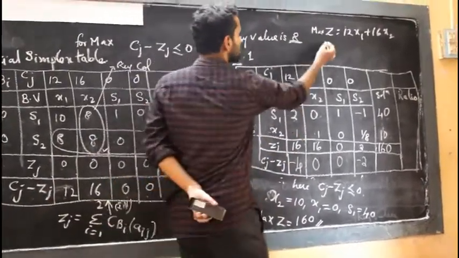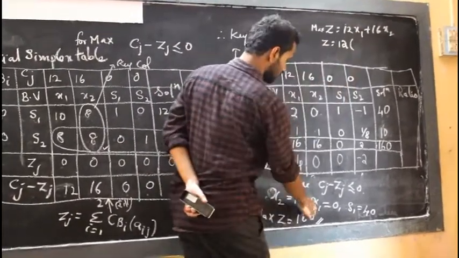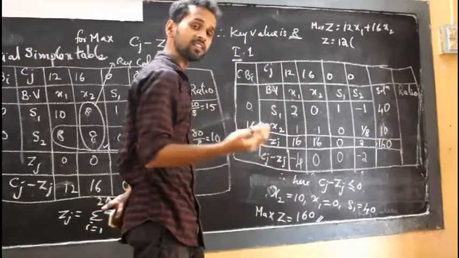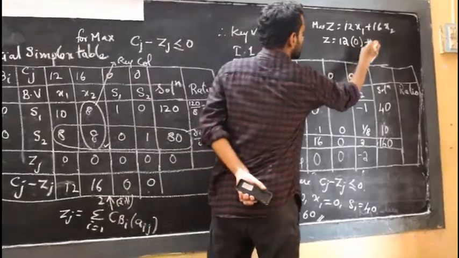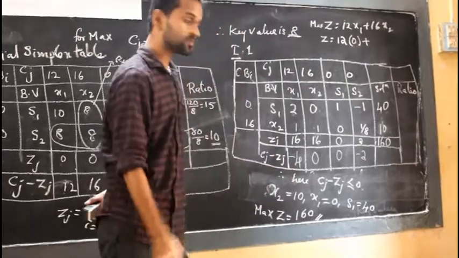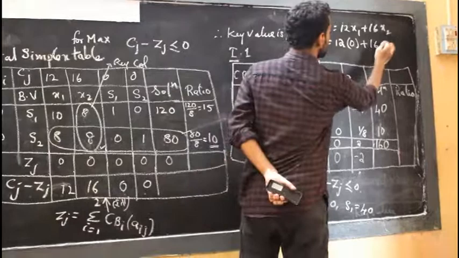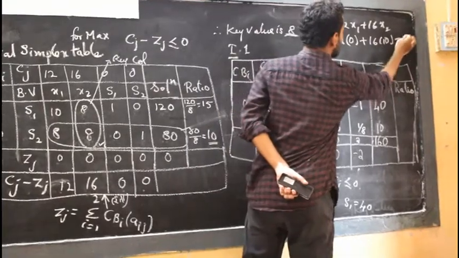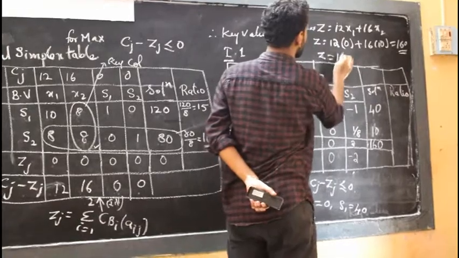Look at it. Z equal to 12 into, what is my x1? No x1 in the system, so my x1 will be 0 for me. So 0 plus 16, what is my x2 value here? 10. So that becomes 16 into 10. Look at it, my solution again, I got 160 back. That means Z equal to 160.